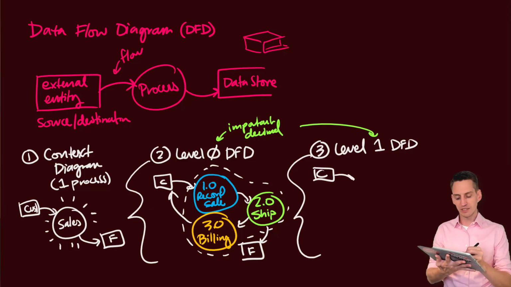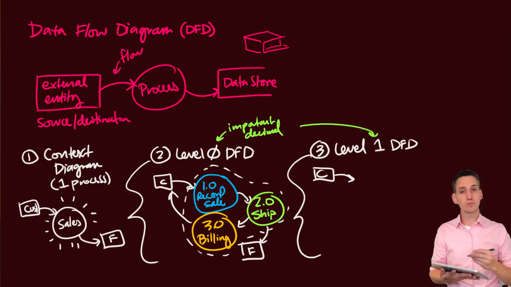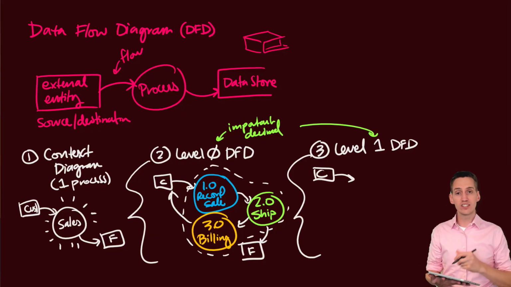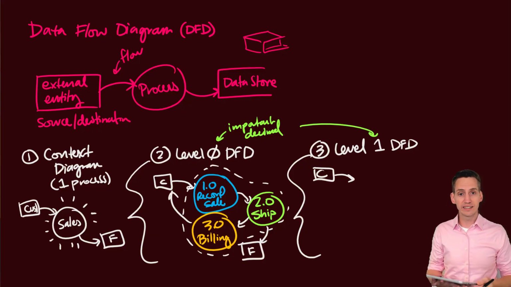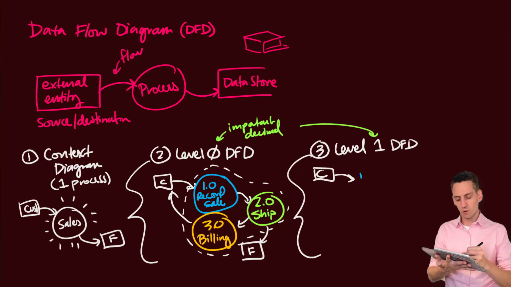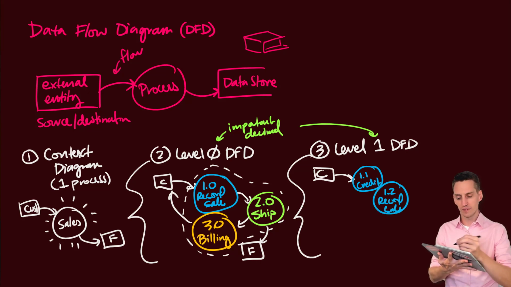The sales order comes in, and now each of these processes, the 1.0, is going to have sub-processes within it. So for example, when I'm recording the sale, process 1.1 might be check the credit. And then process 1.2 would be record sale. So both of those are part of that 1.0 process.